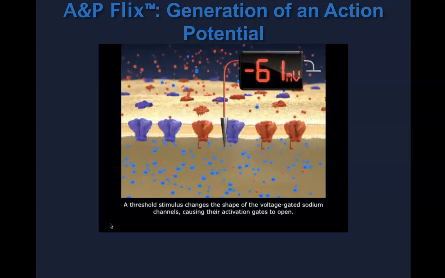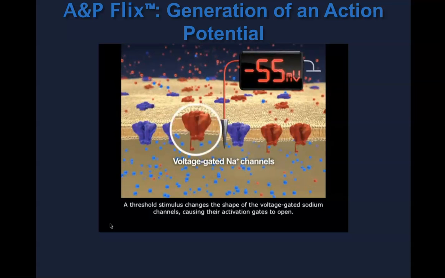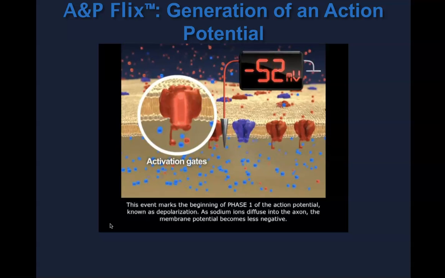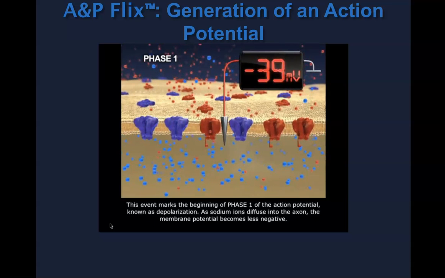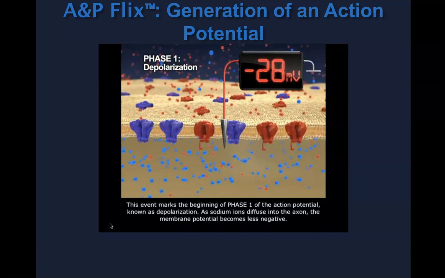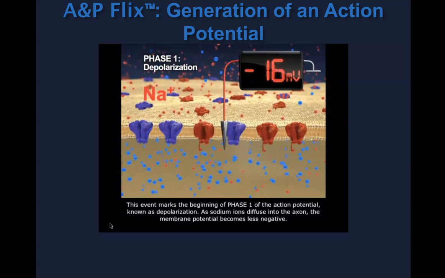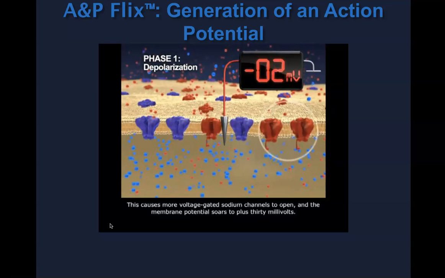A threshold stimulus changes the shape of the voltage-gated sodium channels, causing their activation gates to open. This event marks the beginning of phase 1 of the action potential, known as depolarization. As sodium ions diffuse into the axon, the membrane potential becomes less negative.